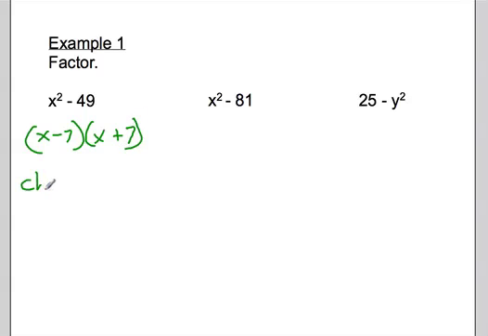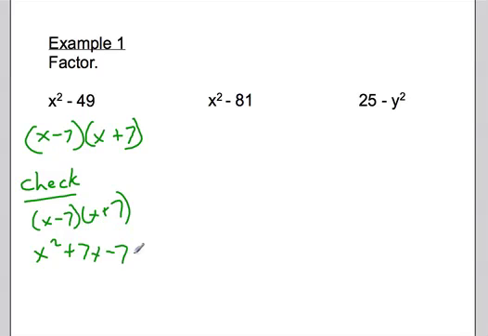Okay, and we can check that by multiplying x minus 7 times x plus 7. You get x squared plus 7x minus 7x minus 49, and then the 7x and the negative 7x in the middle will cancel, and this will always be the case. So it is true.